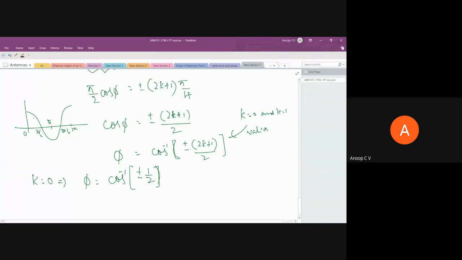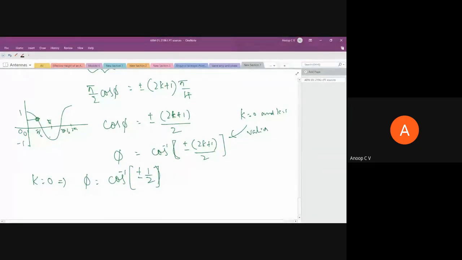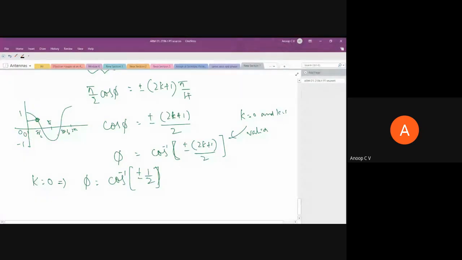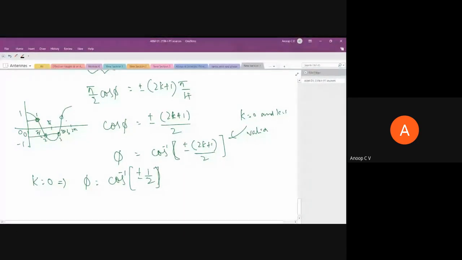Here this is 1 and this is 0, and this is minus 1, so it swings between plus 1 and minus 1. Between 0 and 90, somewhere there will be a half, and again between 90 and 120 there will be two places where this cosine will be half. And here again, so we have 1, 2, 3, 4 angles.